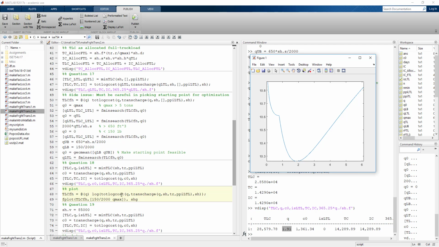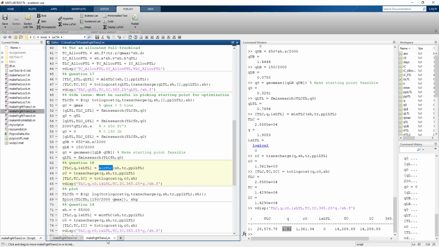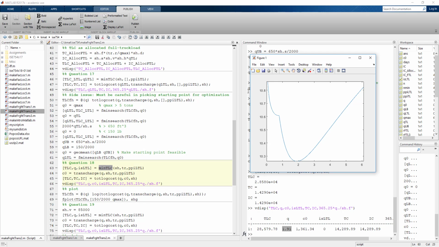So the solution used by minTLC when solving a problem like this is to solve the less than truckload, find its optimal size, and then solve truckload, find its optimal size and corresponding total logistics cost, and then pick the minimum of the two. So it's essentially solving two separate problems as opposed to one combined objective function to avoid the two local minima problem.